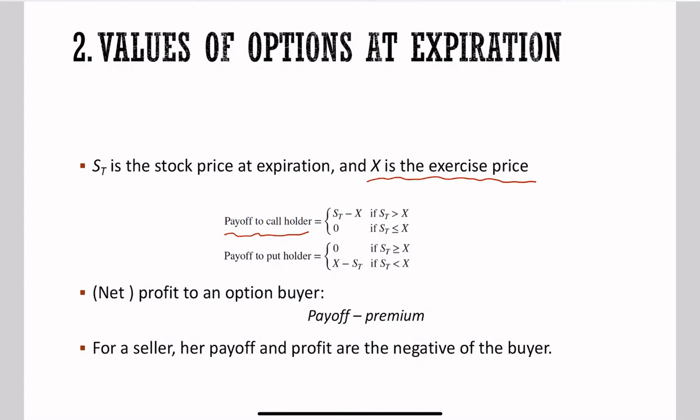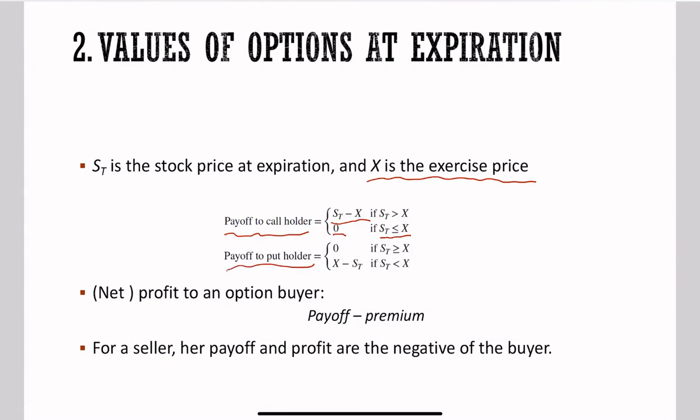So in this case, the payoff, the profit, would be given by the market price minus the exercise price. And then if the market price is smaller than exercise price, you will not exercise your call, so your payoff is just 0.